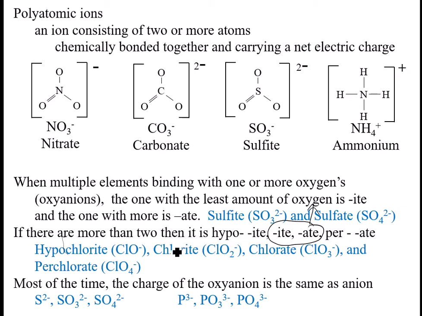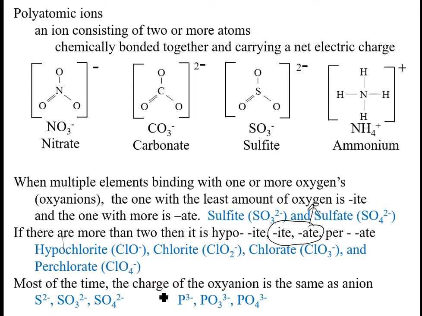So ClO minus is hypochlorite, ClO2 minus is chlorite, ClO3 minus is chlorate, and perchlorate is ClO4 minus.